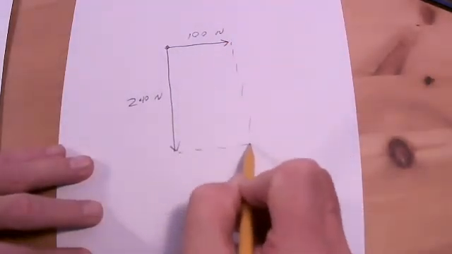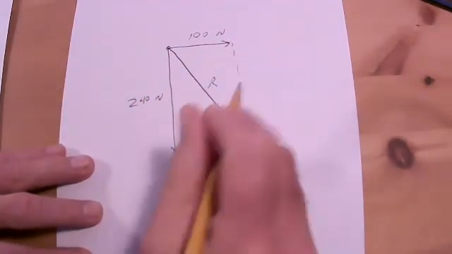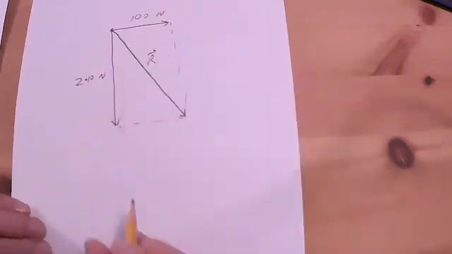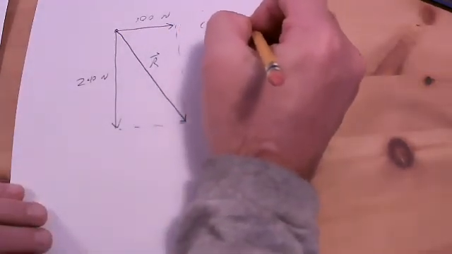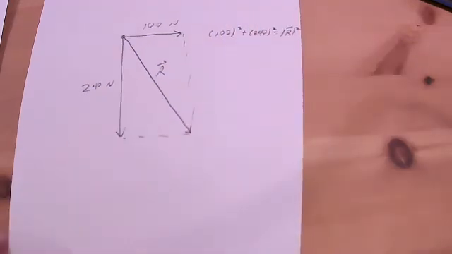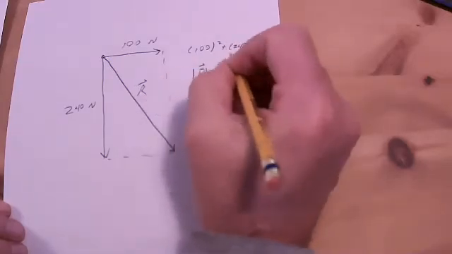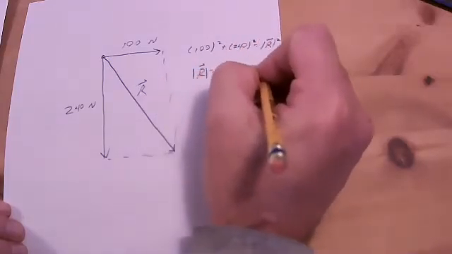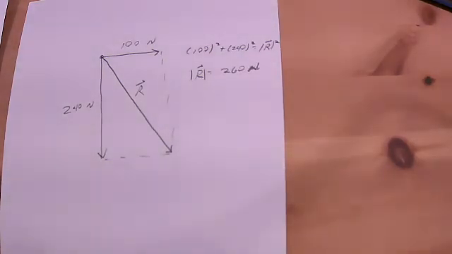So I'm going to draw the resultant like that. The magnitude can be found by the Pythagorean theorem. Magnitude of R squared. And if you did that successfully, you would find the magnitude being equal to 260 newtons. Okay, 260.